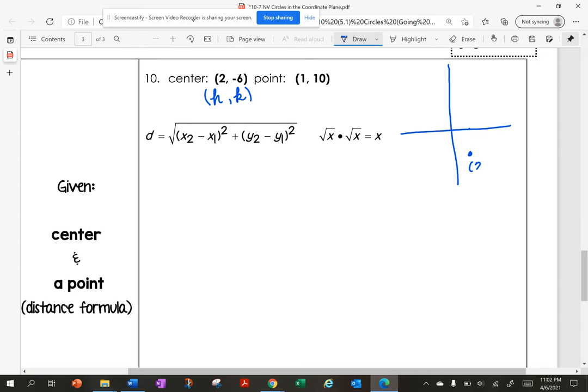I'm going to estimate that. And I have a point that's at (1, 10). So this is my circle. So this is the radius here.